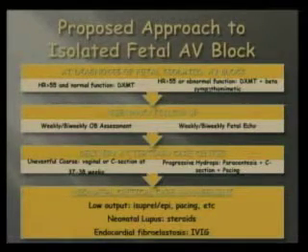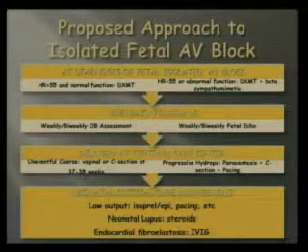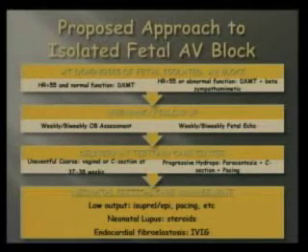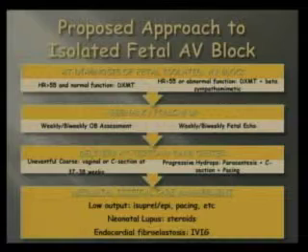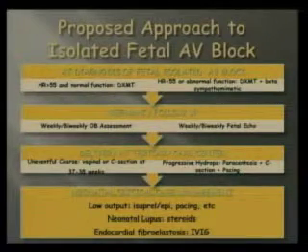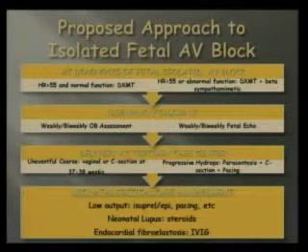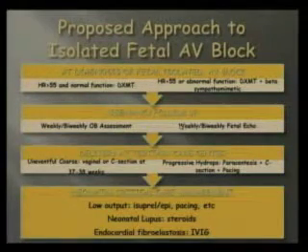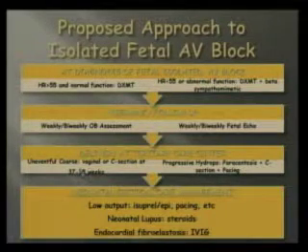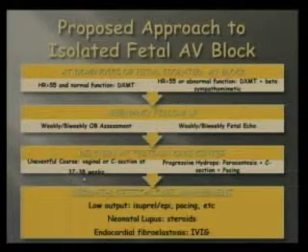Those have been shown to improve ventricular output and stroke volume by just increasing the rate a little bit. And you can actually resolve or reverse hydrops with beta mimetics in some case reports in the past. Then you follow them weekly, and if they're uneventful and get near term, you deliver them.